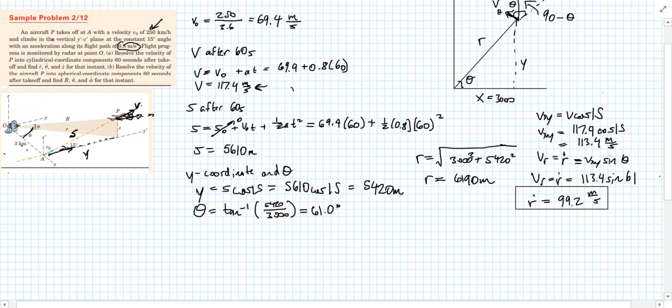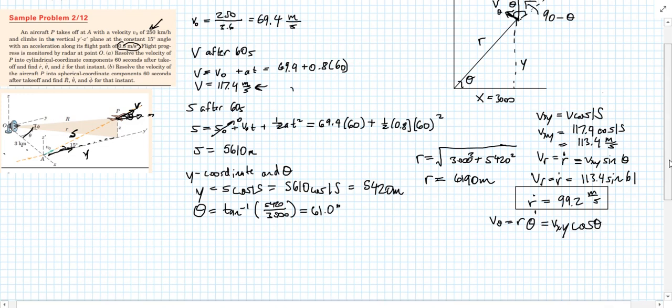So now we have this guy. Next, we want to find v of theta. So v of theta is equal to r times theta dot. And this, of course, is equal to vxy times cosine of theta.